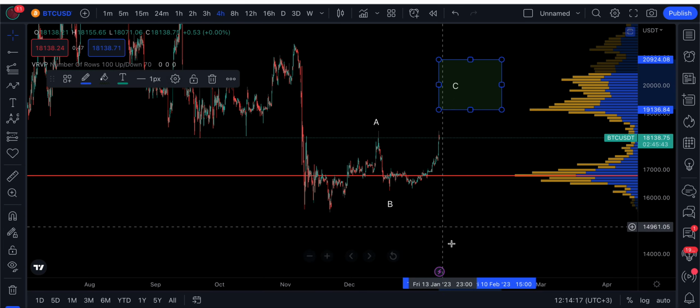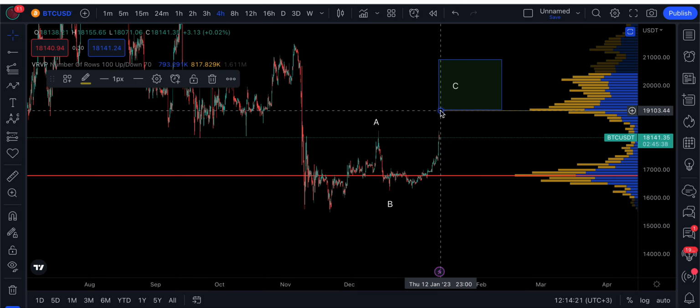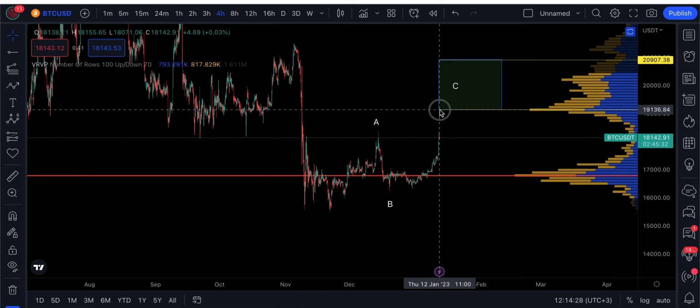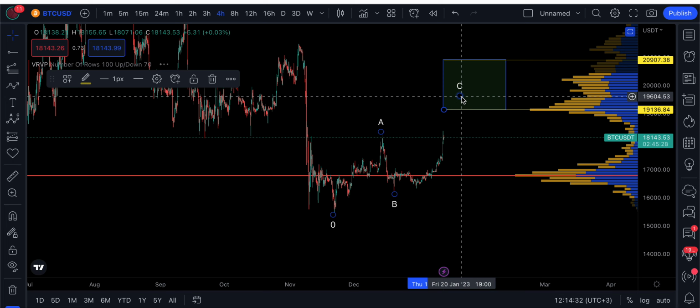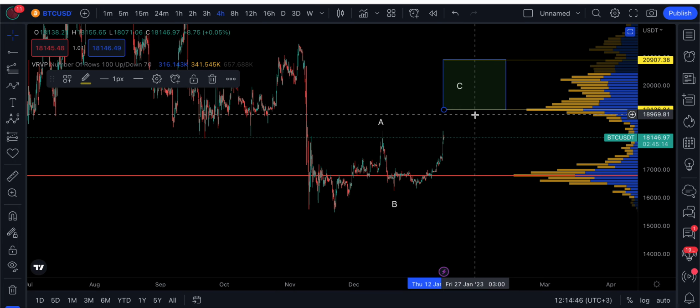Let me mark the lower bound so that it looks easy to understand, and the upper bound. When price reaches the lower bound or the box, we'll see how price reacts to this area, and we'll judge from there whether the move is going to continue to the upside or downside. But I'm expecting price to drop as soon as we reach these levels.